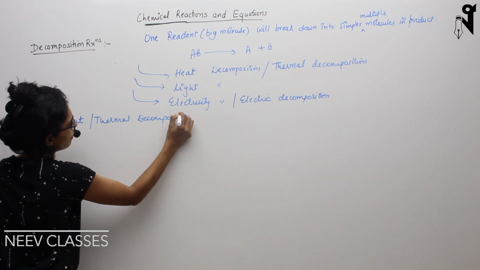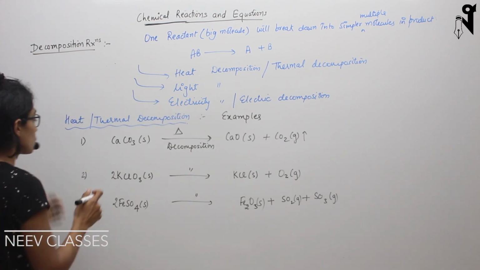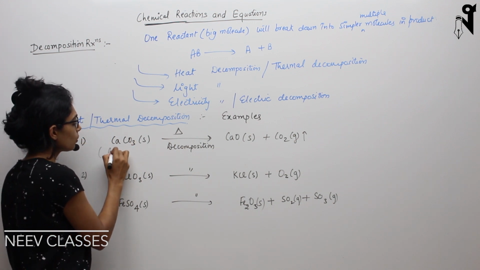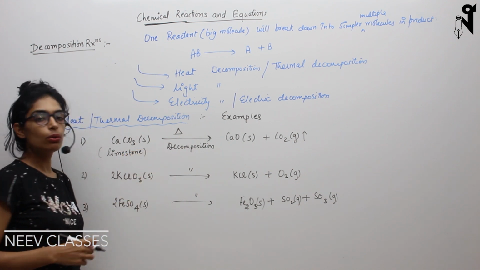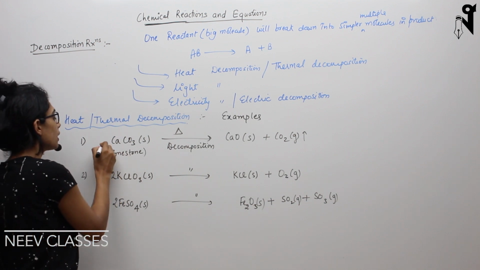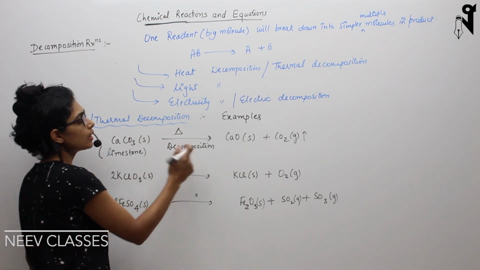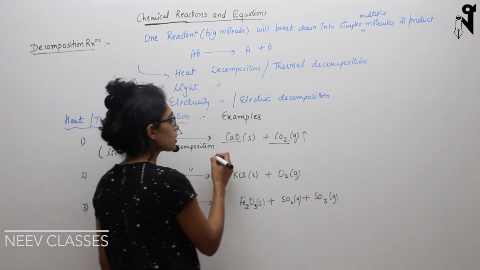And let's see the examples of thermal decomposition now. So first example is when limestone is heated. CaCO3 is nothing else but limestone. You should know all these common names also. We know CaCO3 is calcium carbonate. You need to know this is called limestone. Okay, this limestone when heated, it breaks down into calcium oxide and carbon dioxide. What is calcium oxide called?